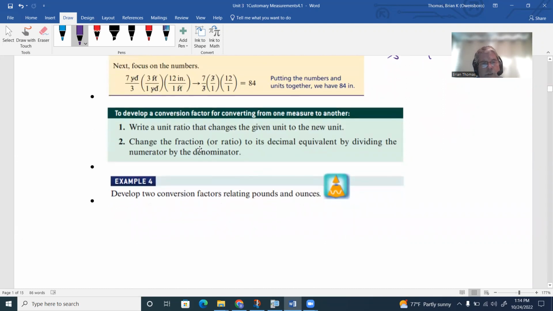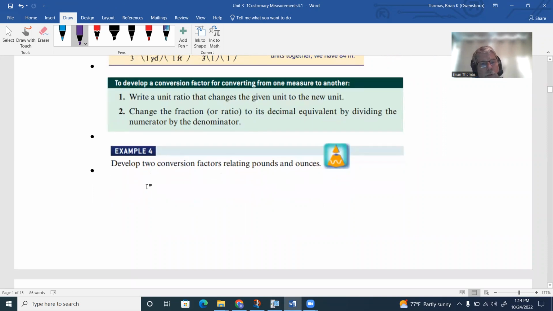Now, another way to do this is use what we call conversion factors. So these unit ratios, what we can do is change these unit ratios to decimals where necessary. So to create what we call conversion factors, these unit ratios can be expressed in either a whole number form or a decimal form.